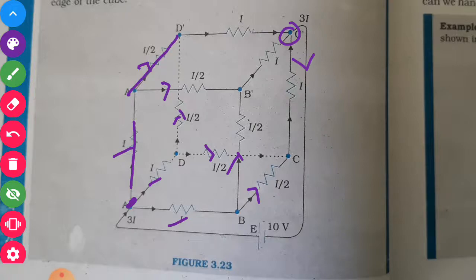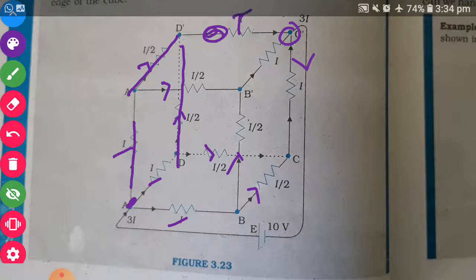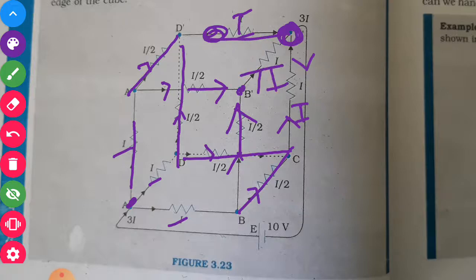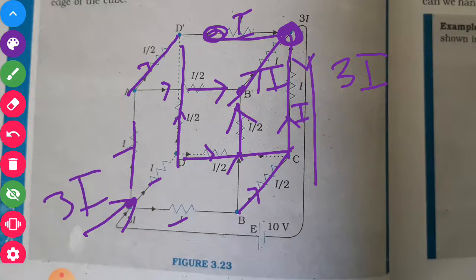Then this I by 2 and this I by 2 are meeting here to make the current I. Similarly, this I by 2 and this I by 2 are meeting here to make the current I. Similarly here at B prime point also, this I by 2 and this I by 2 are making the current I. So totally at C prime point, I plus I plus I becomes 3I. The current entered was 3I, and the current leaving the cube is also 3I. So our current distribution is correct.